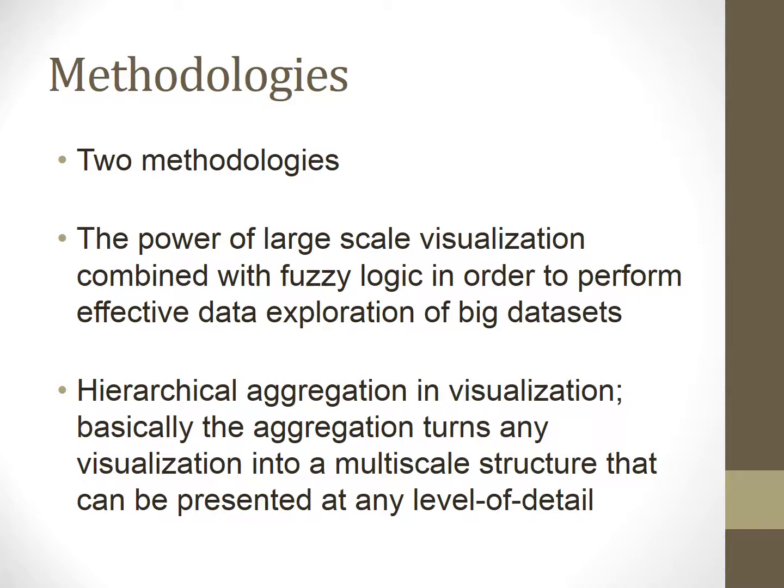Linguistic variables are less specific than numeric values, but much closer to the way humans express and use their knowledge. They employ a fuzzy rule-based system to perform such inference in order to identify what are the interesting nodes.